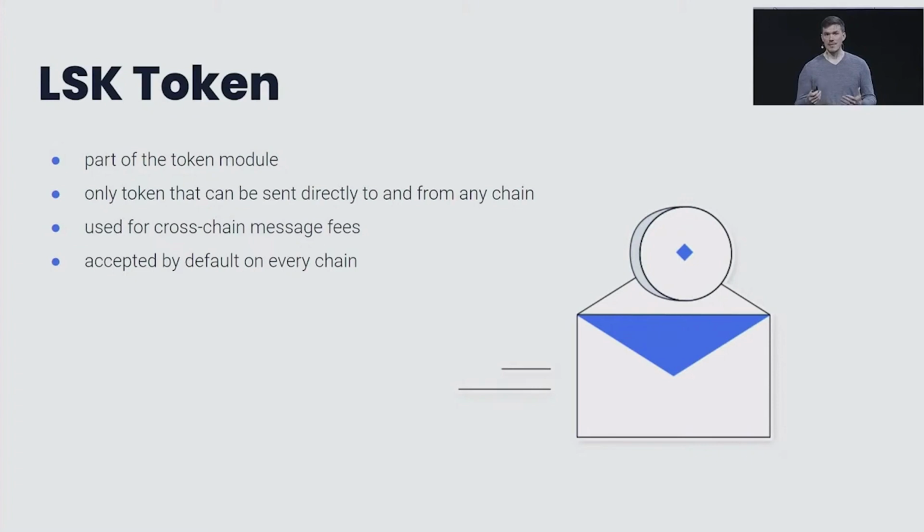As the Lisk ecosystem is done where you always send your cross-chain message to the main chain, it is always able to maintain the escrow account for the LSK token, and so this token can be sent from one chain to the next without any hassle. It's also the token used for the message fees. And lastly, I told you that we have this supported token function on each chain. Well, the LSK token will be accepted by default on every chain.